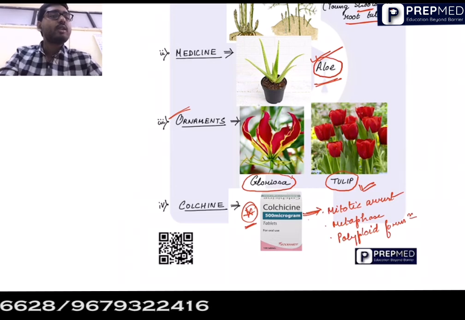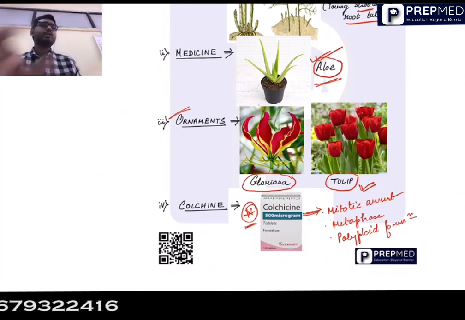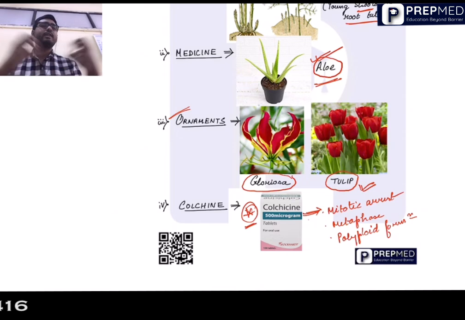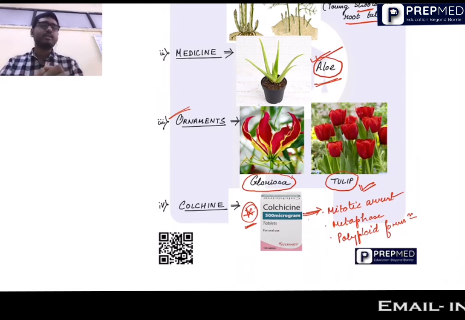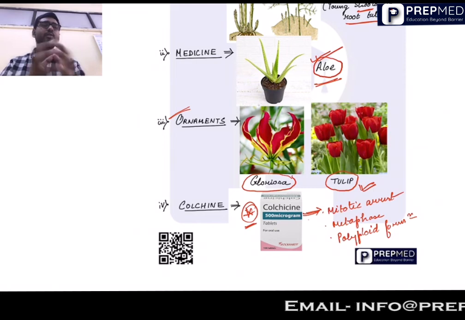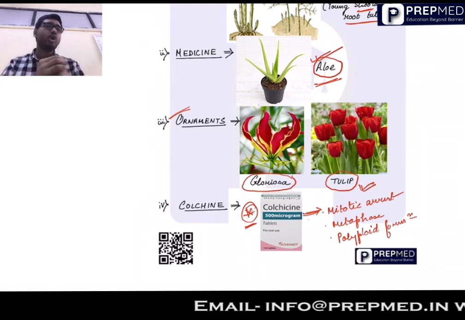So you can understand why it should be used. It's obviously to prevent cell division. So if you use your common sense, it's used in places where cell division has to be stopped.